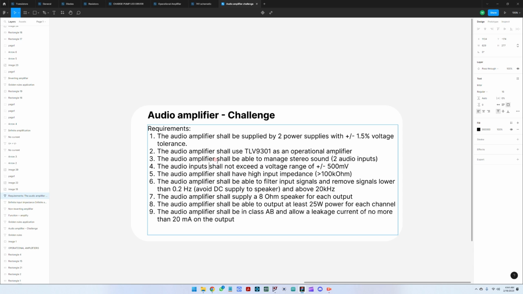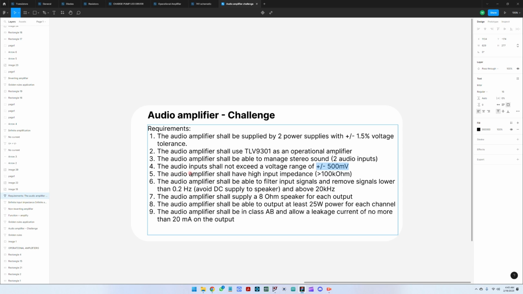The audio amplifier shall be able to manage stereo sound, so you will have two audio inputs. The audio inputs shall not exceed a voltage range of plus minus 500 millivolts, so that we put the signal in a plus and minus voltage range.